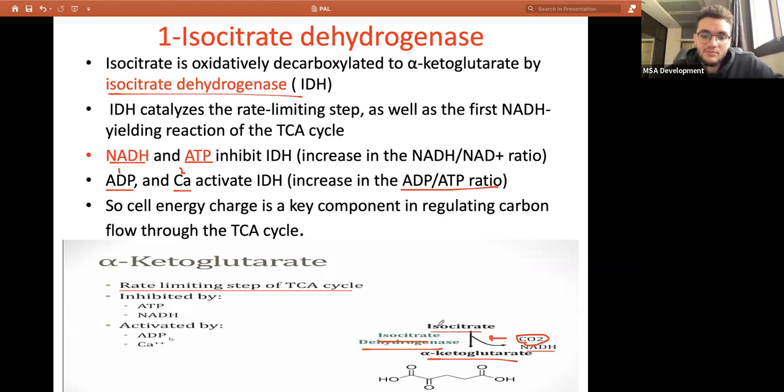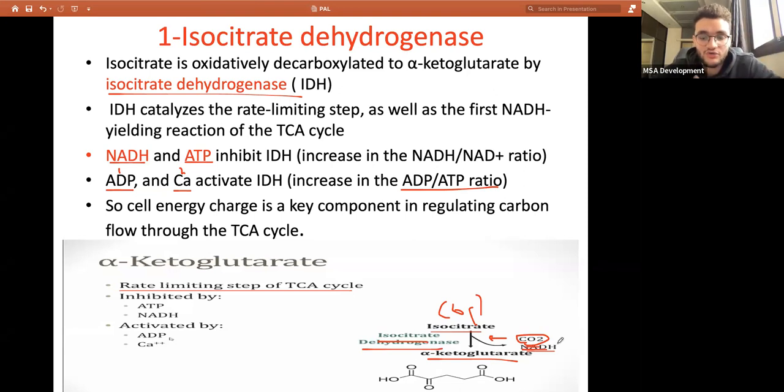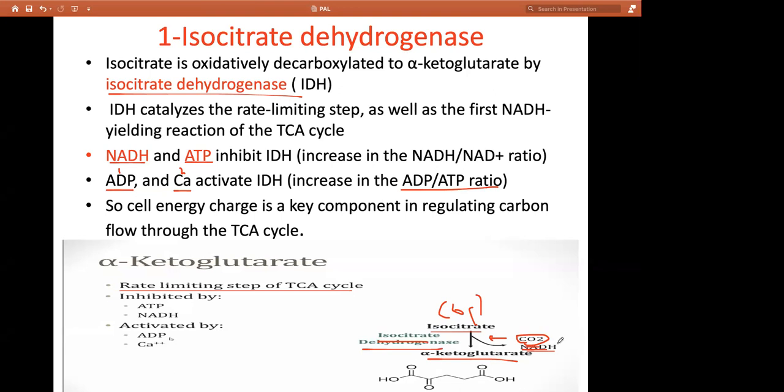Isocitrate was initially 6 carbons, and now it's 5 carbons because one CO2 is released. Do we also release ATP in this reaction? No, it's only NADH and CO2. There's no ATP. All right, thank you.